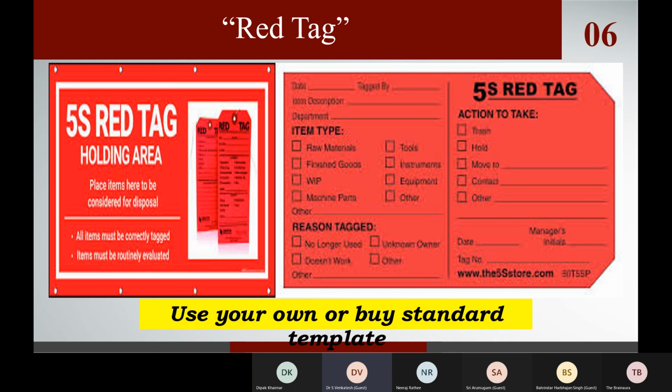Okay. And the one shown on the left, the holding area, is where, once you sort, you take everything and put it in that area for both the purge and not sure items, segregating them. That will give you a good idea of what to be done with those items, so that we don't keep on doing this sort step over and over again.